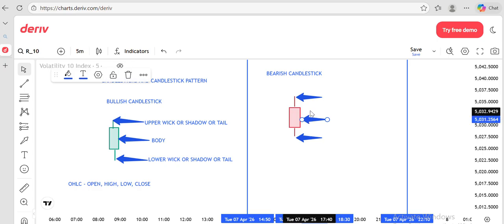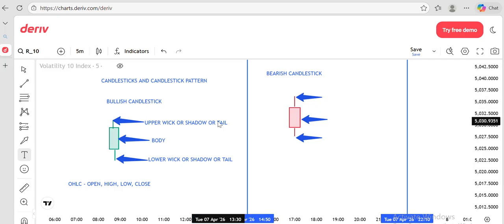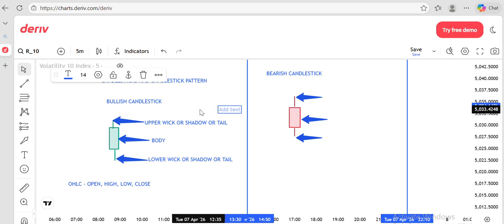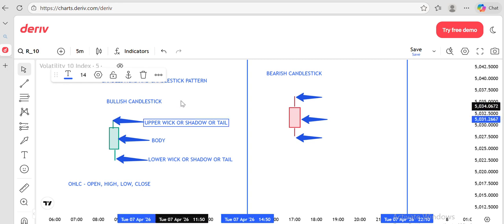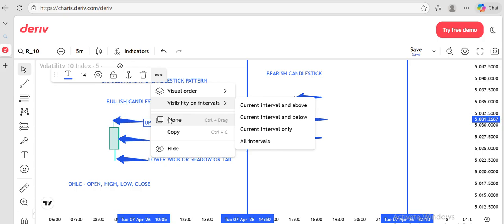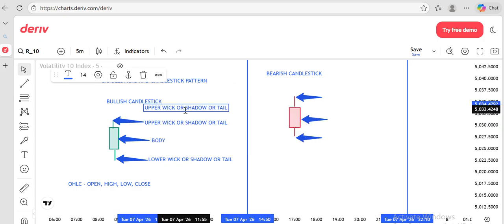So here's the body. We have the upper wick here.